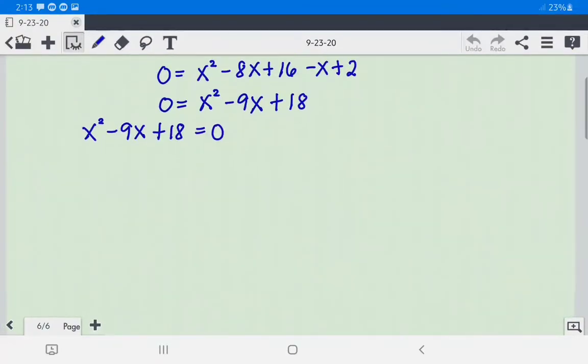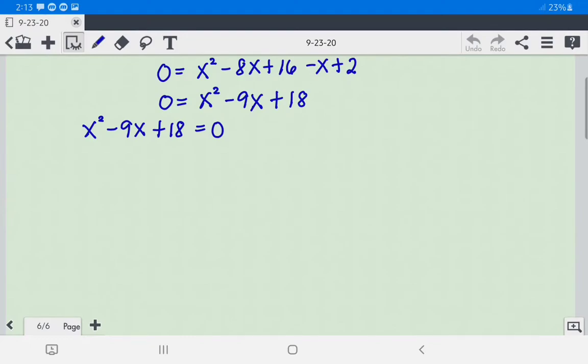After that, you're going to solve for the values of x. Now, since this is a trinomial, we're going to factor this trinomial. Factor of x squared, we have x. Factors of 18 wherein the sum is negative 9. So we're going to think of numbers wherein if we add, the sum is negative 9.